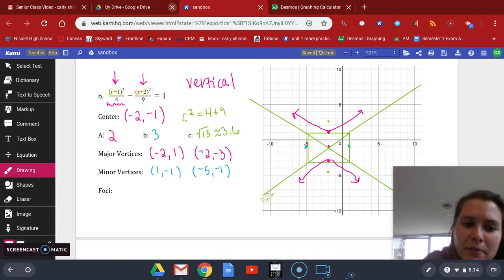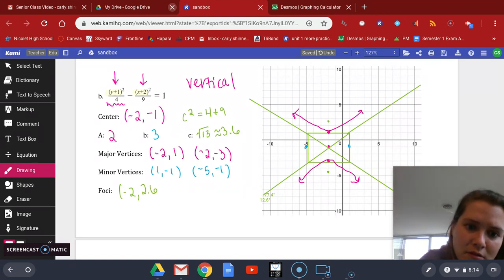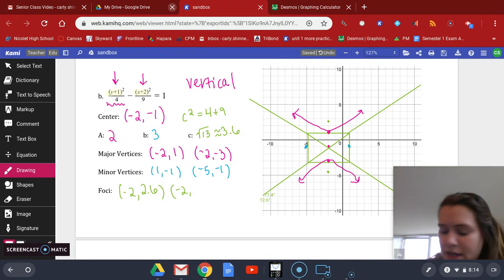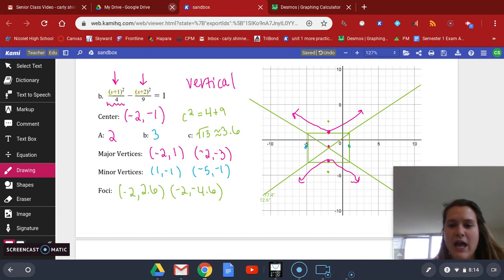And so what numbers are those? About -2, up 1, 2.6. And then -2, down, what does that look like? -4.6? Okay, awesome. So there's a vertical hyperbola, center at -2, -1, okay?